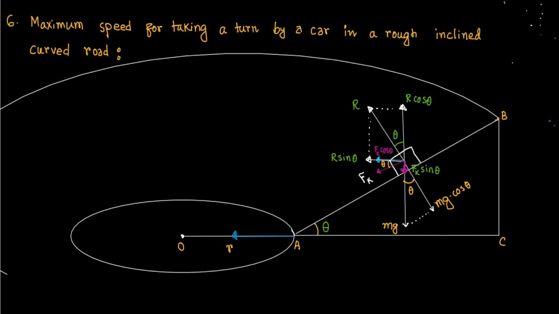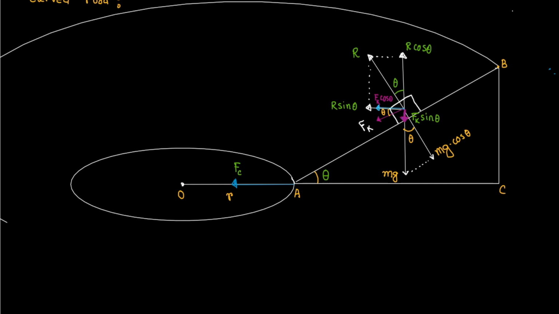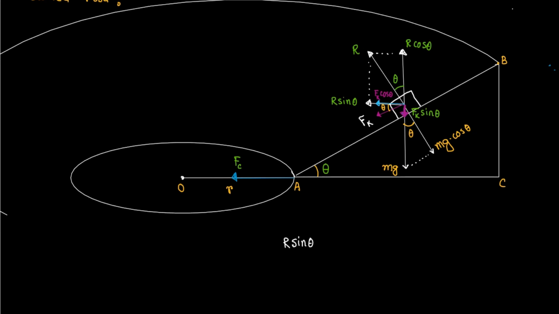And centripetal force Fc acts radially inwards along AO. In this case, R sin theta plus Fk cos theta is equal to Fc, and R cos theta minus Fk sin theta is equal to mg.